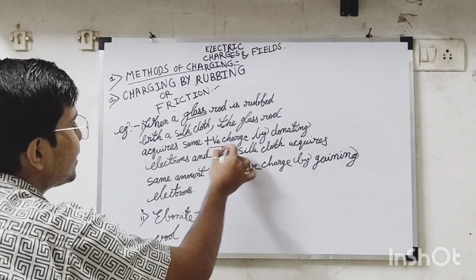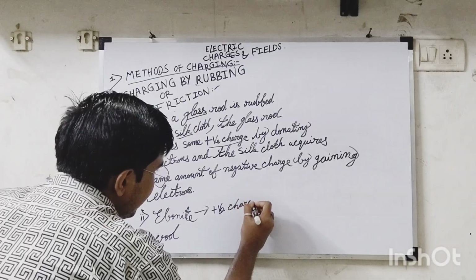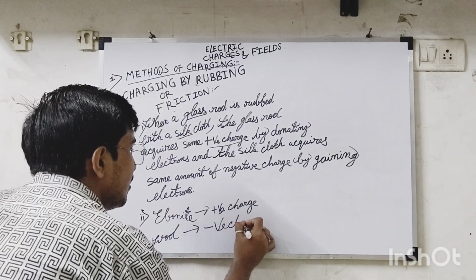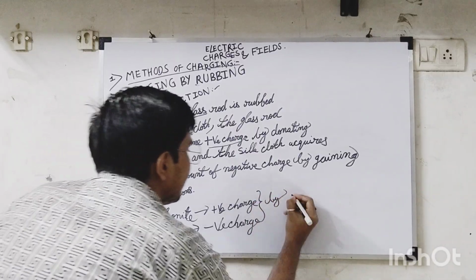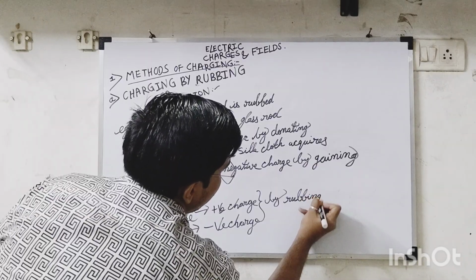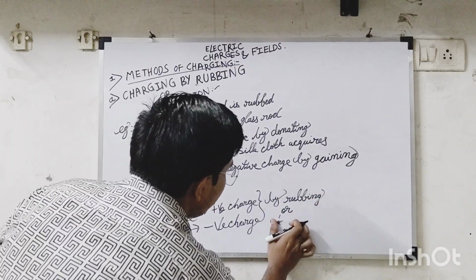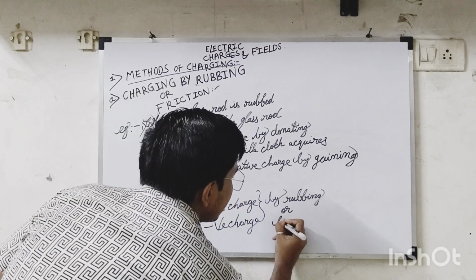Similarly, it has acquired positive charge and it has acquired negative charge. How? By rubbing or friction. So the first point comes to an end, and I think you all have understood.